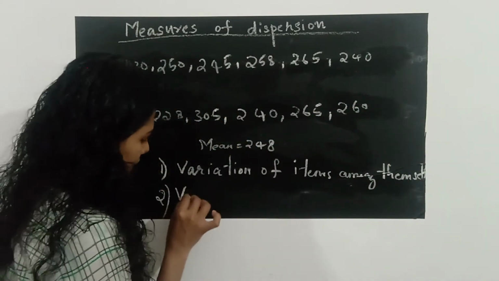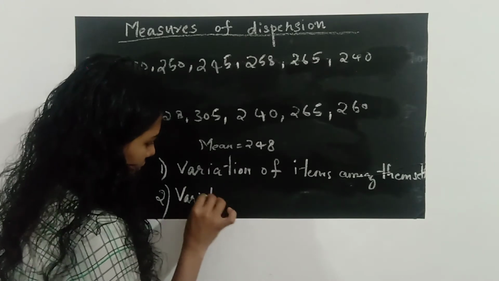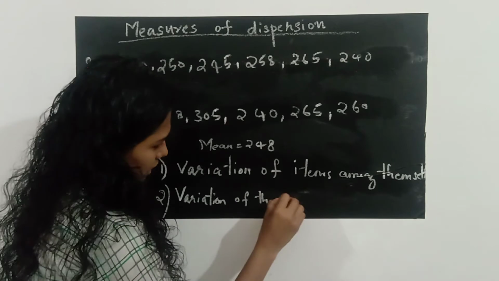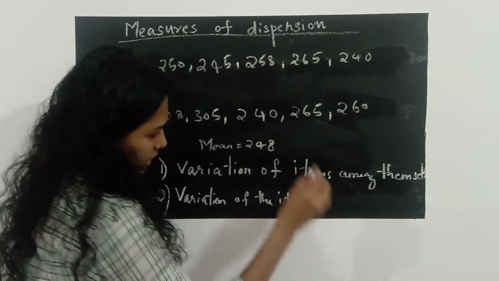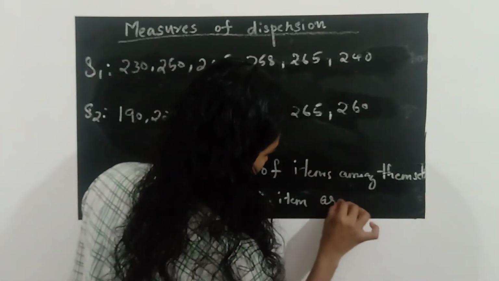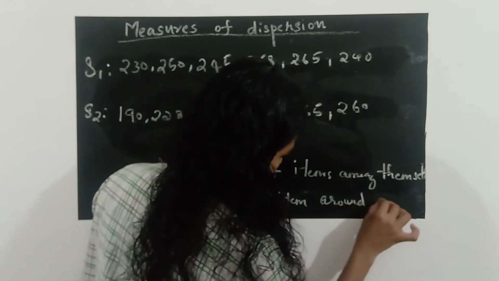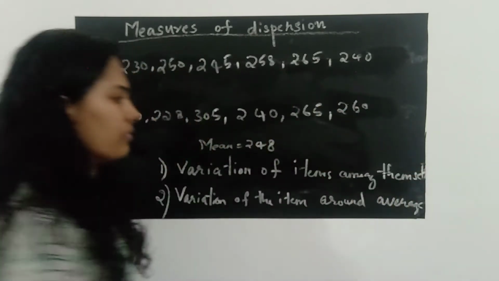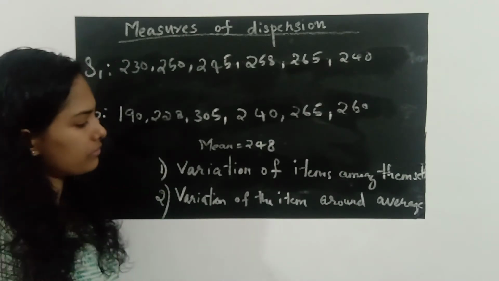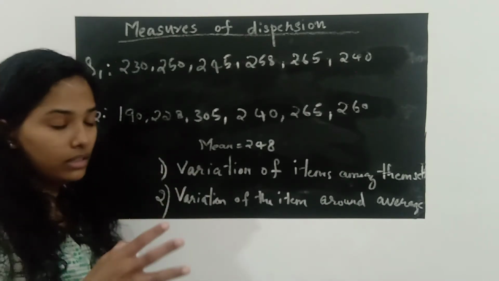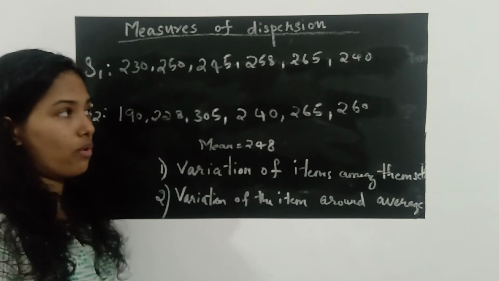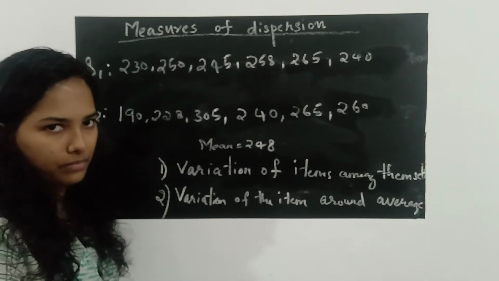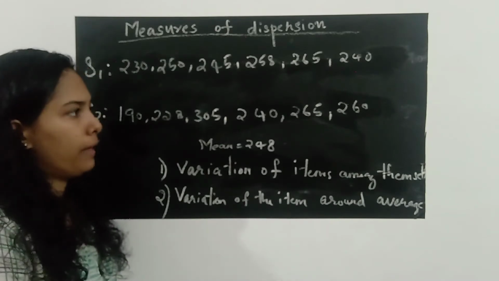Variation of the items around the average. These are the two meanings for dispersion in the statistical sense. I hope you understood.